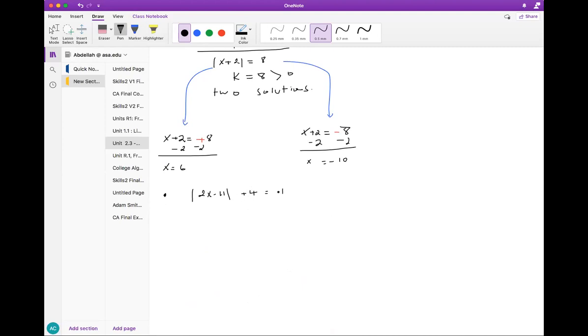Minus 4 on both sides. That's right. So this is not k yet. It's positive, but that doesn't mean we have two solutions. We still have to isolate it. So we need to isolate the absolute value first to get k.